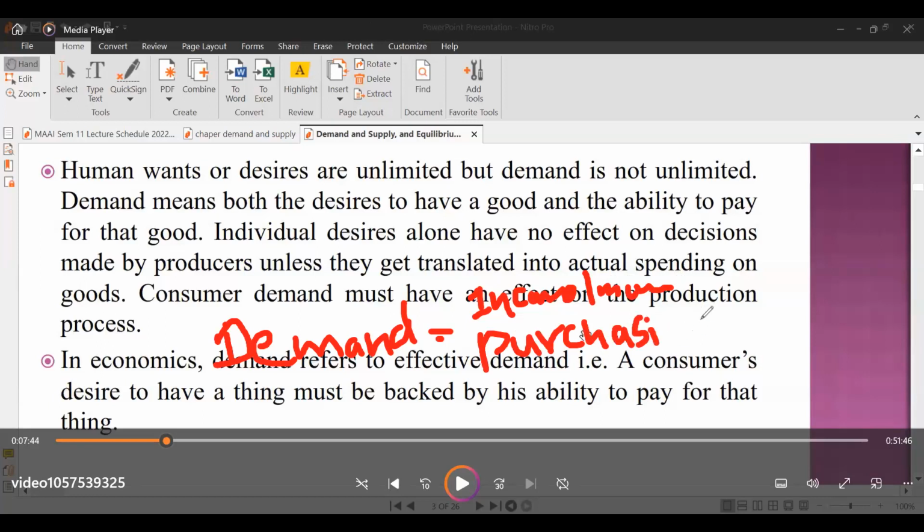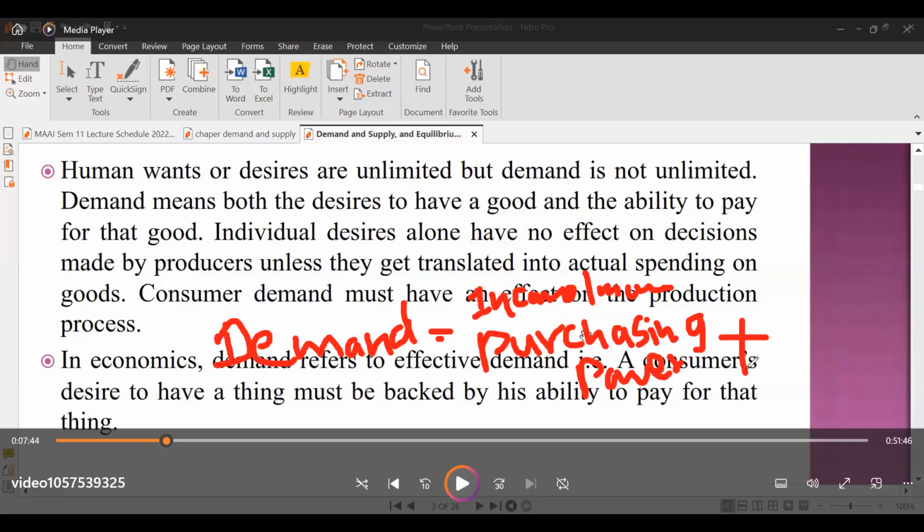Right? Purchasing power. So is that enough, only the purchasing power? So මිලදී ගැනීමේ හැකියාව විතරක් තිබුණාම ඇද්ද? Ability to purchase.